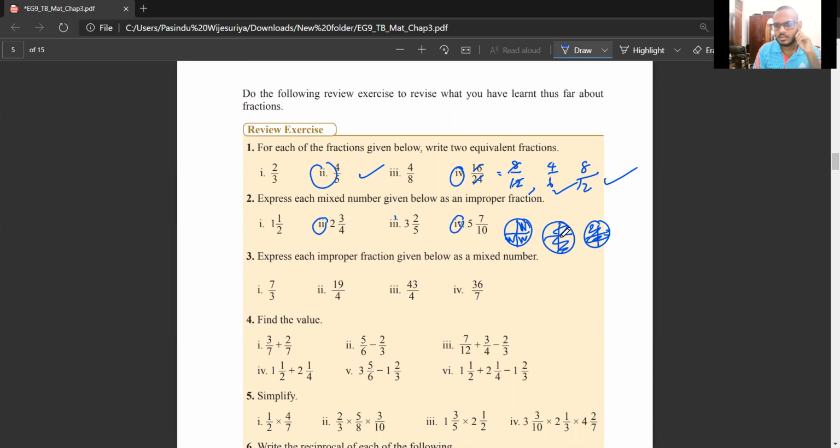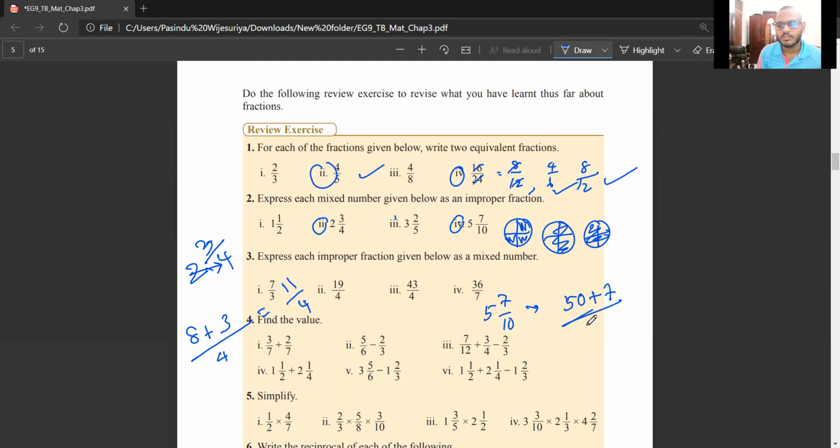So to write it, you multiply 2 by 4 and get 8, plus this 3. Simple as that. The answer is 11 over 4. Here, 5 and 7 over 10. You take 5 into 10 is 50 plus 7 over 10 is 57 over 10.